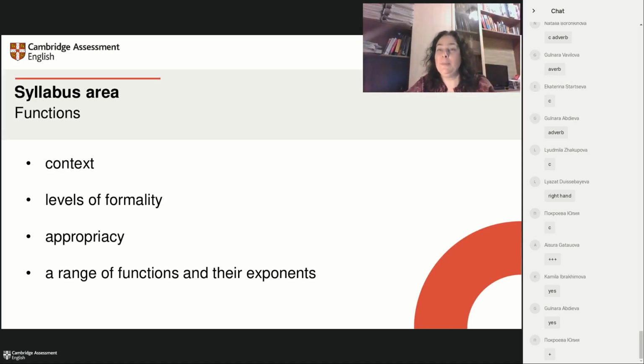And functions is about teaching chunks, different expressions used on purpose. So for example, if you say, could you tell me, you are asking for information. This is a function, and could you tell me is an exponent of that function.